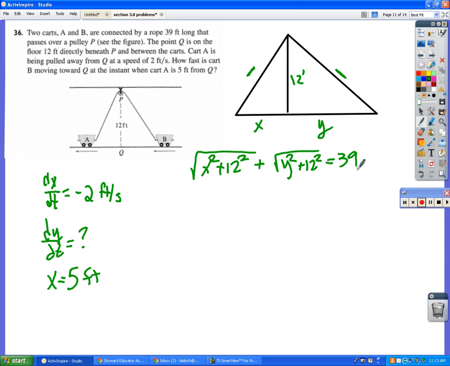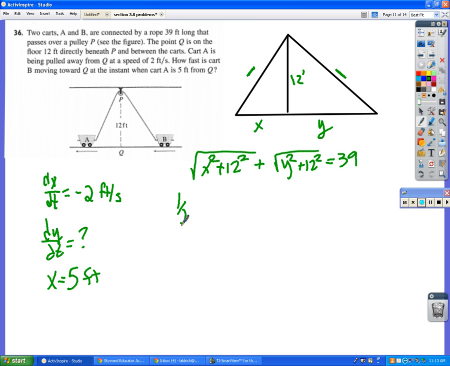So now we are going to take the derivative of that. We take this to the 1/2 power.